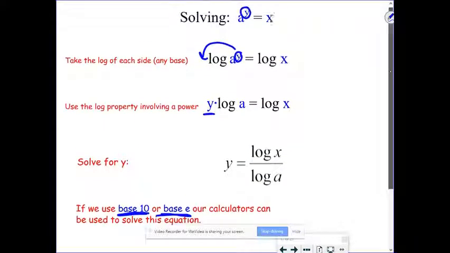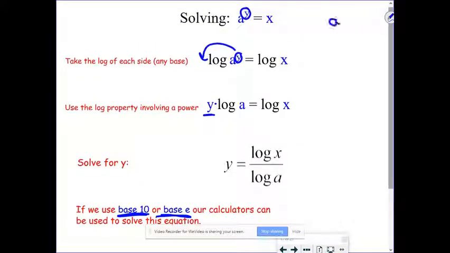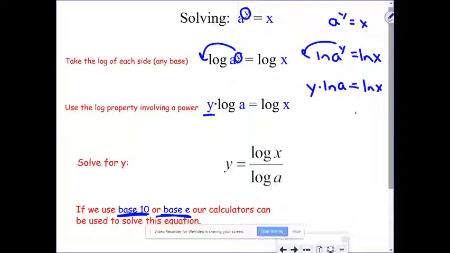Because we have the button on our calculator, and we can use that to approximate it. So I can use log, or I could do the same thing and use natural log, ln. Either will work. And I do get the same thing.